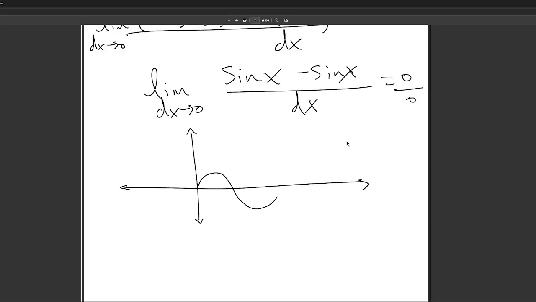So sine looks something like this. Now its derivative is just its slope at every point, right? Is its slope high over here or low?